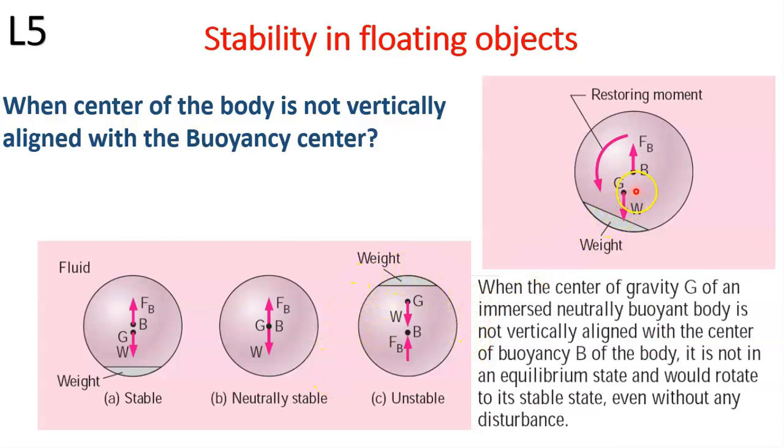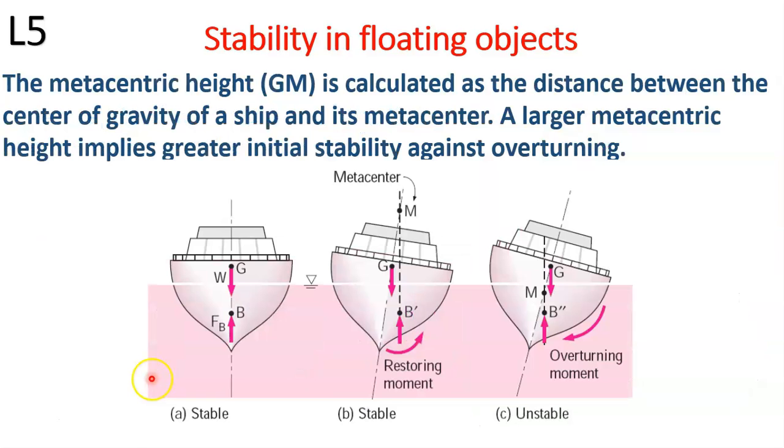Let us have a look at this. So here the restoring moment, when it comes into the picture, will turn the object in a particular direction and will try to attain natural stability where the weight is downwards.